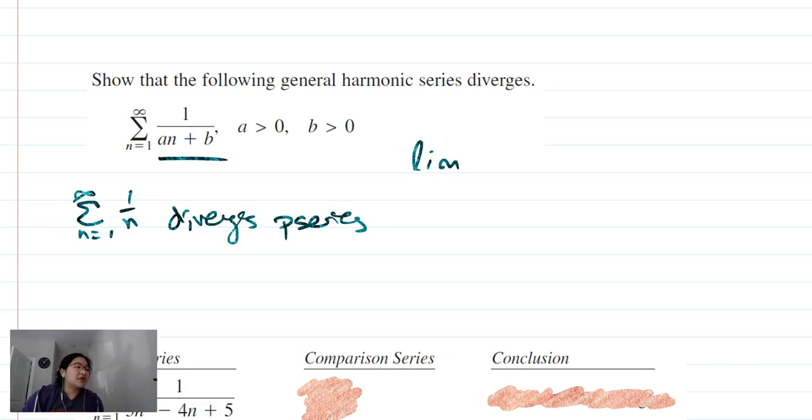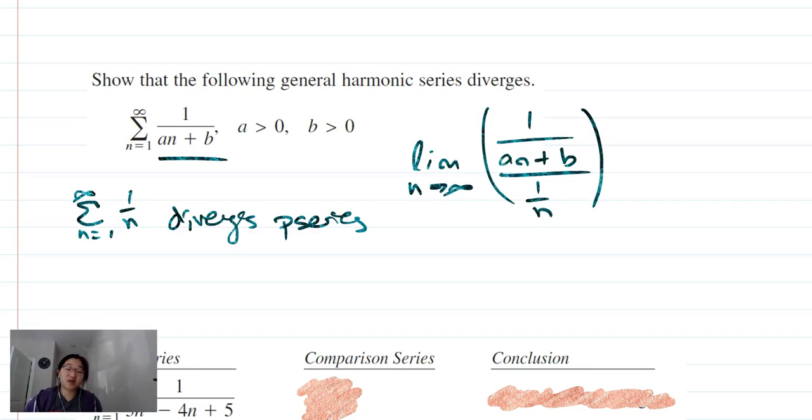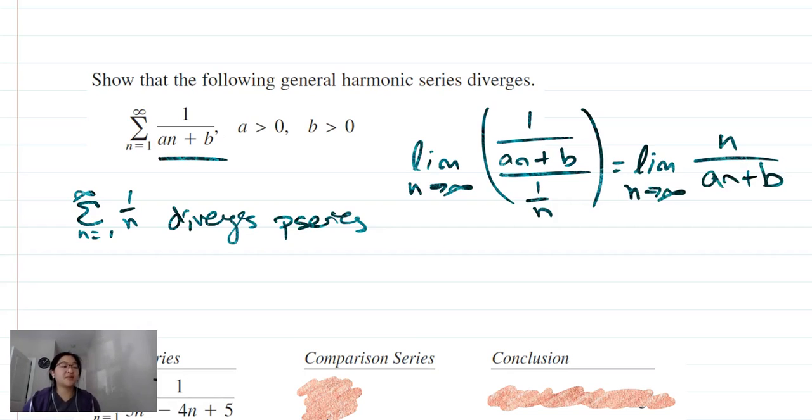So, let's look at the limit as n approaches infinity of 1 over a n plus b over 1 over n. Because we know that if this gives us a finite positive number, then both of these series diverge. So, what do we get? We get this as the limit as n approaches infinity of n over a n plus b.